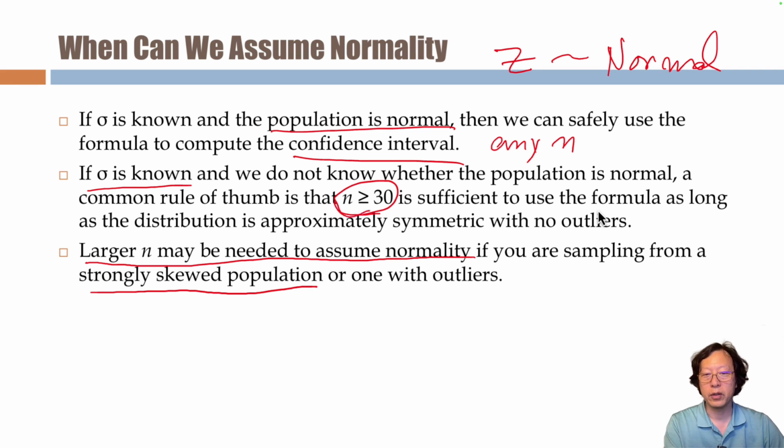However, if the sample size is more than 30, then we can still assume x bar has a normal distribution, regardless of what the population distribution was.